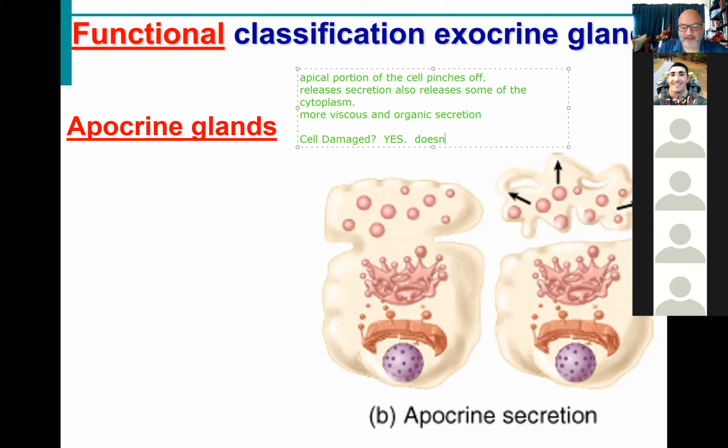No, it doesn't die, but it is damaged by this. However, it is capable of regrowing, repairing, and as it grows and repairs, it makes more secretions, fills the apical part with the secretions again, and then pinches off a second time, and that process continues. So the cell is damaged, but it doesn't die. So it can repair and continue the process.